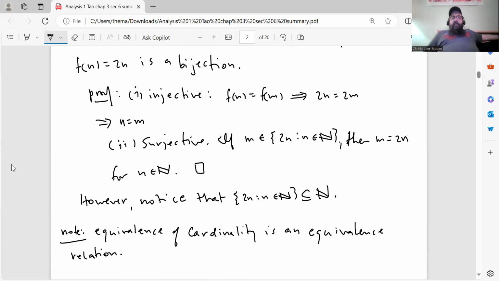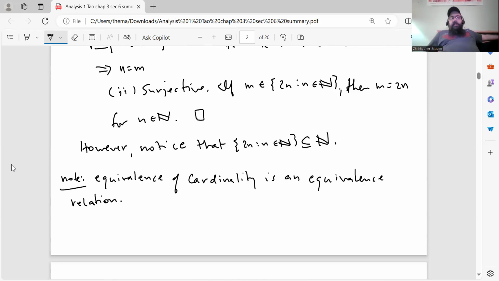In other words, if f of n equals f of m, that means that 2n equals 2m, which means that n equals m, and it's surjective because if you take any even natural number, then m equals 2n for some n in the natural numbers. However, notice that the even natural numbers is a subset of the natural numbers. In fact, a proper subset of the natural numbers.